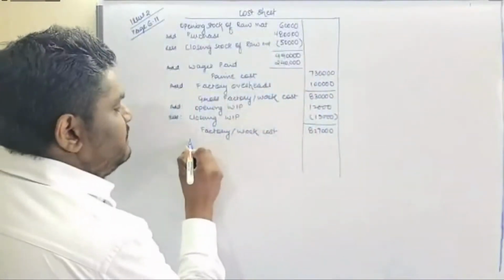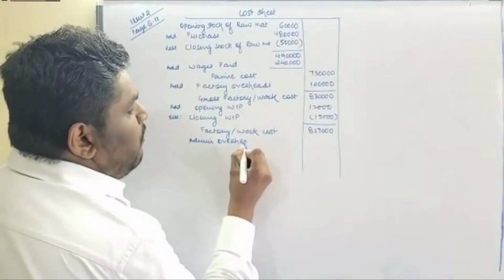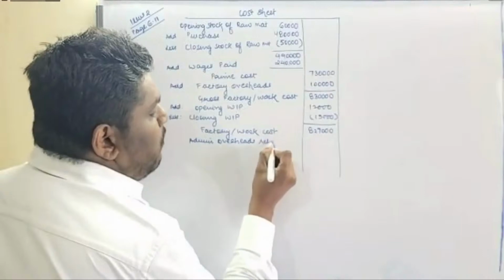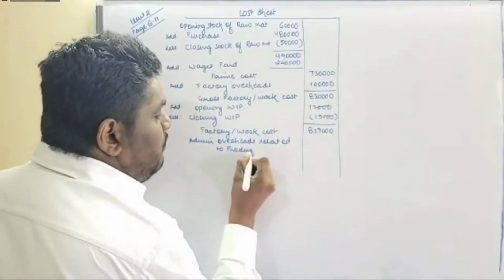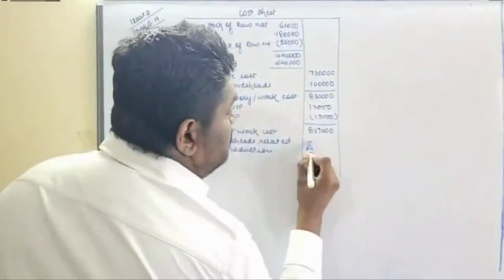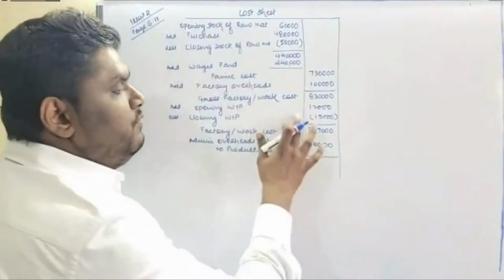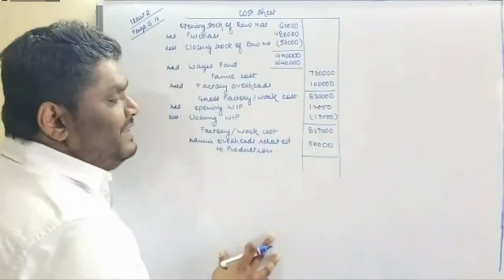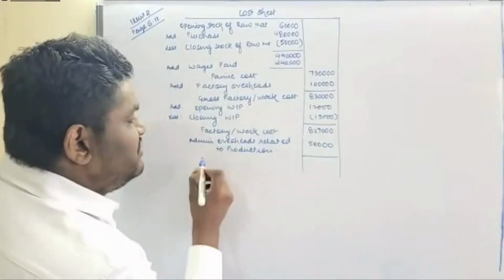So we'll write admin overheads related to production, and that is given in the question, that is 50,000. Rest all, no information is given in the question. So we'll proceed further with calculation of cost of production.